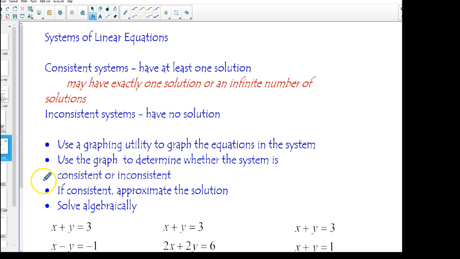So what we're going to do is use a graphing utility to graph the equations in a given system. We can then use the graph to determine whether the system is consistent or inconsistent. If it is consistent, we will approximate the solution, and then we will solve algebraically.